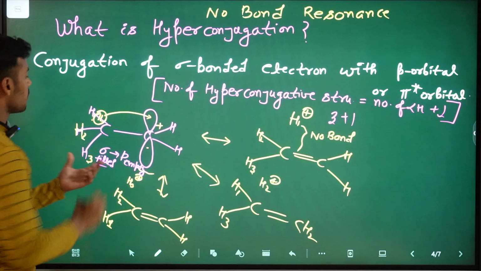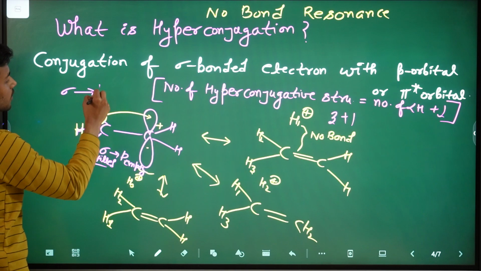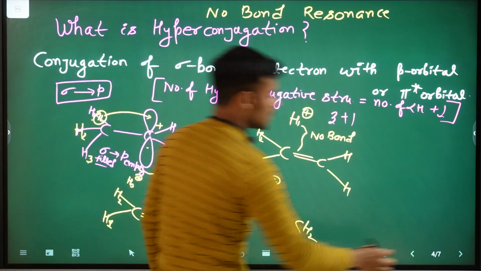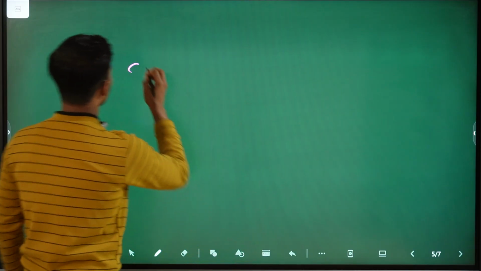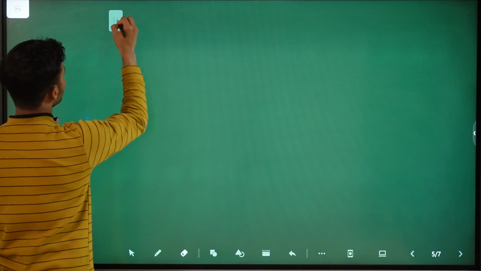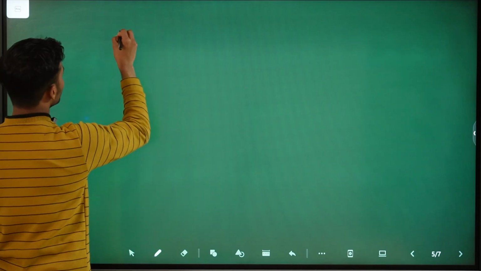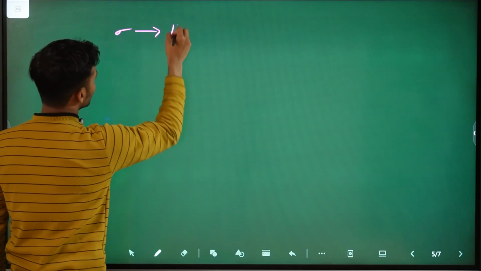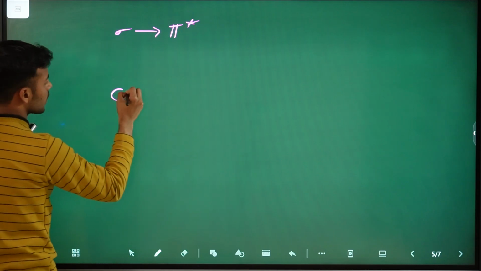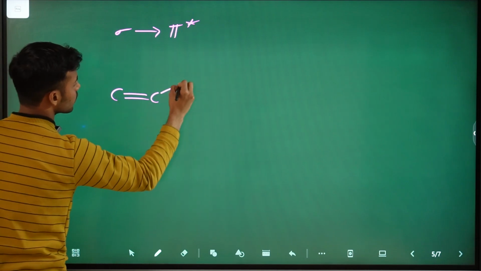Sigma to pi conjugation happens. In another example, sigma to pi star conjugation. Take an example of any kind of alkene like this.